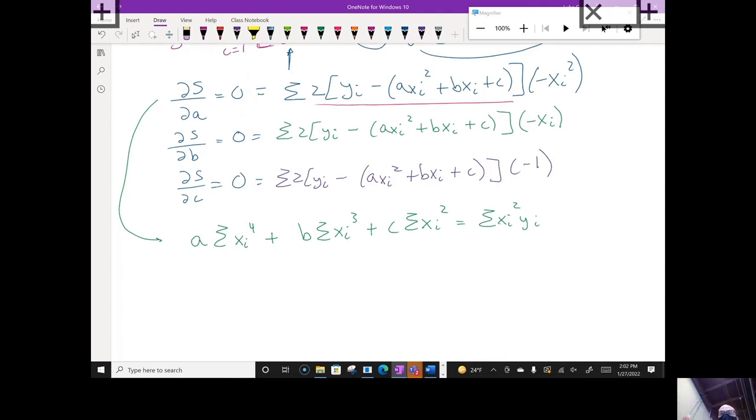Next line, I'll do in whatever color this is. Should be A, summation of xi cubed plus B, summation xi squared plus C, summation of xi equals summation of xi yi.